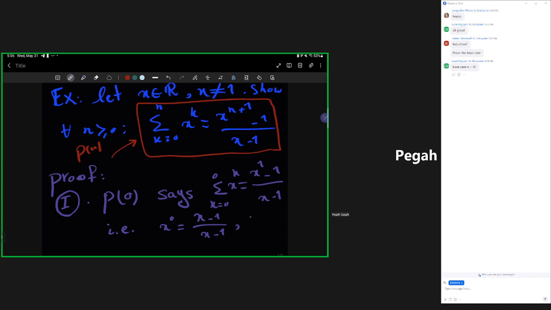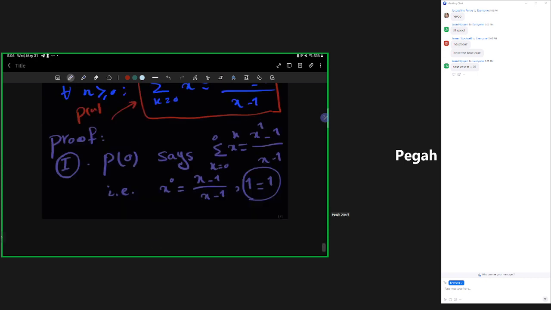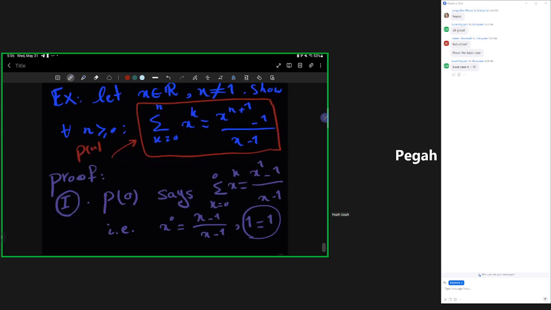So this is going to be 1 equal to 1. So it's correct. We show that this holds.